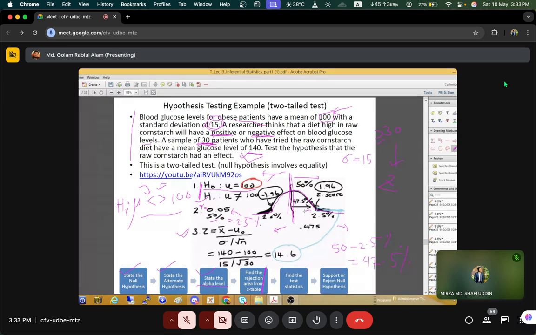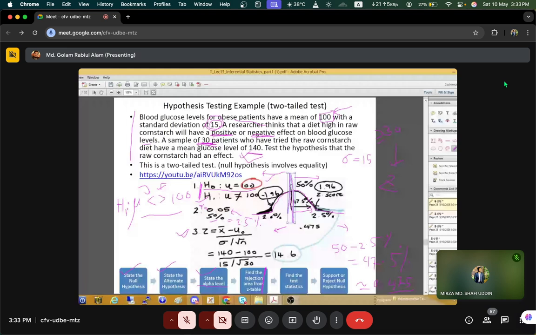So up to 47.5%, or we can say 0.475, within this area, that means within 0.475 or 47.5%, those are the true cases, and beyond that, those are the false cases.